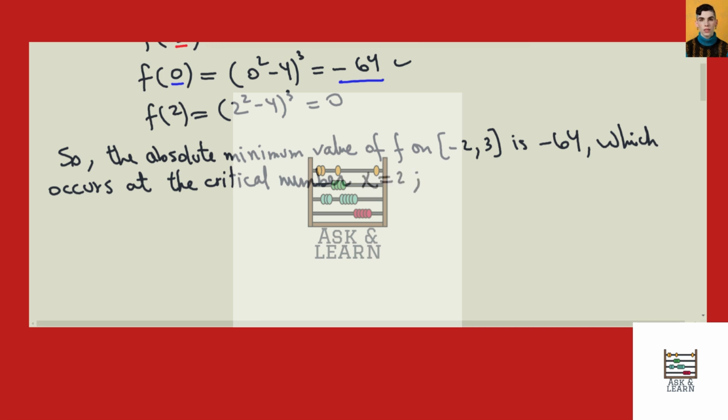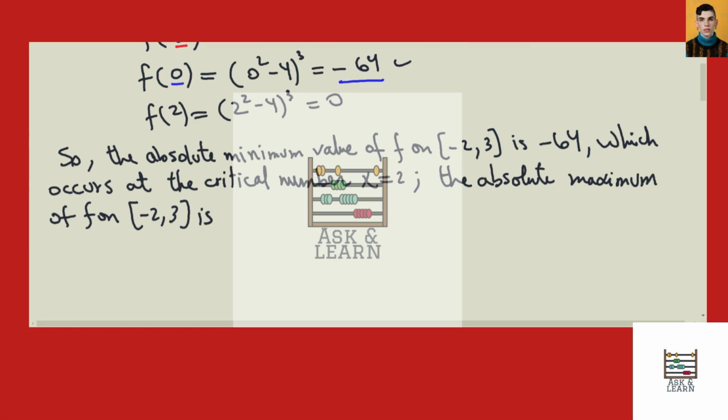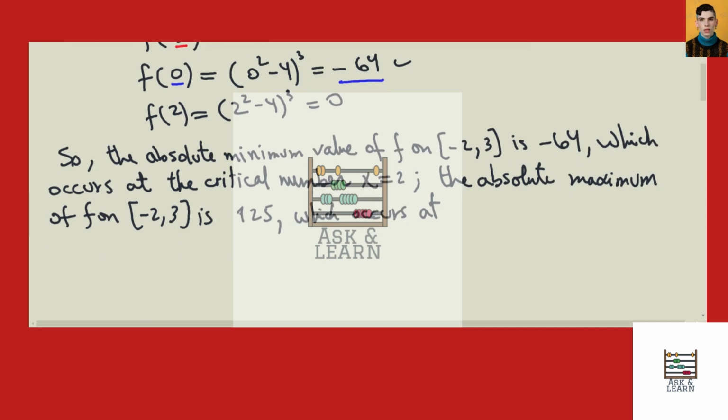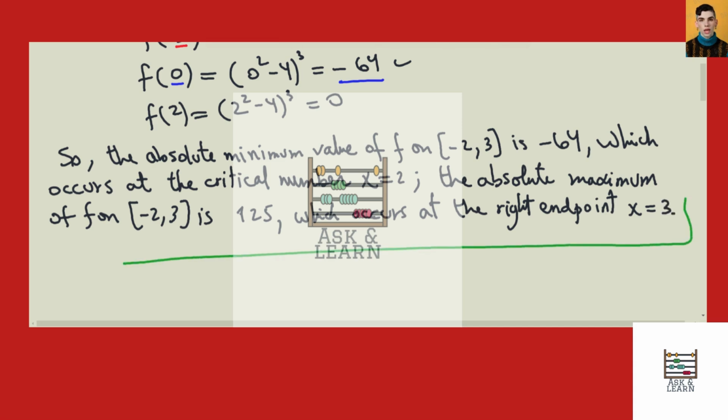We also have the absolute maximum of f on [-2, 3] is 125, which occurs at 3, which is the right endpoint of the interval. And this is the answer to the problem here.